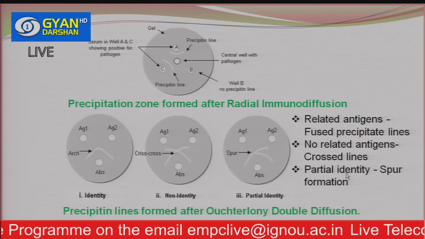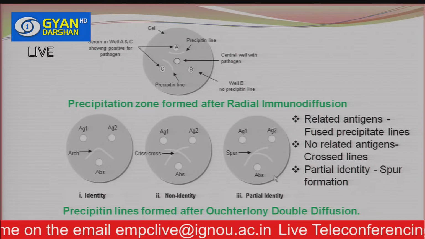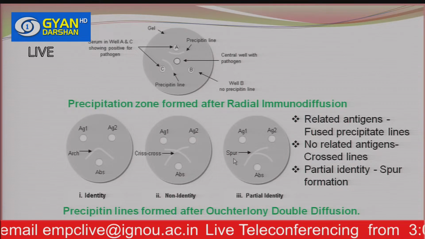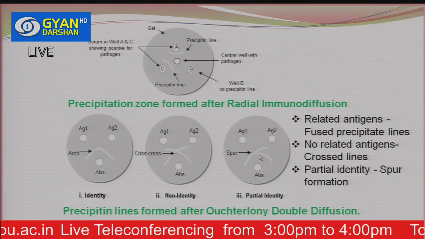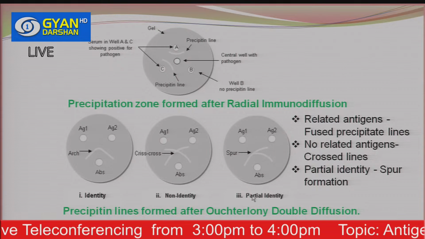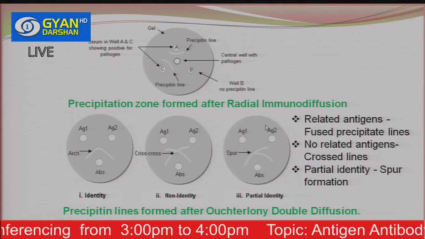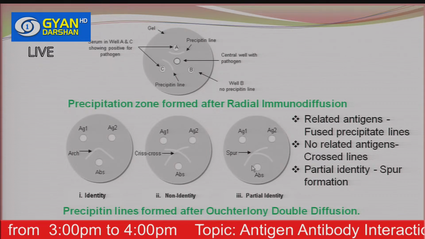Here is the partial identity. Spur formation takes place. So you can see here the spur formation. So here is the partial identity against the particular antigens. Here are the antibodies.